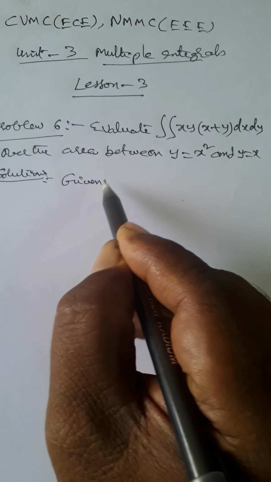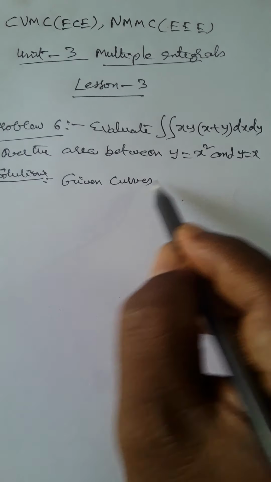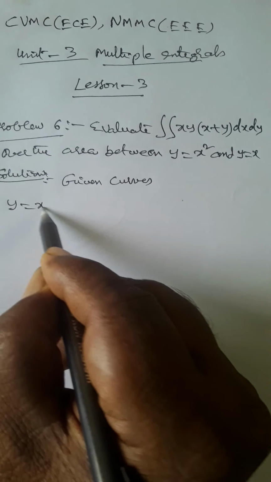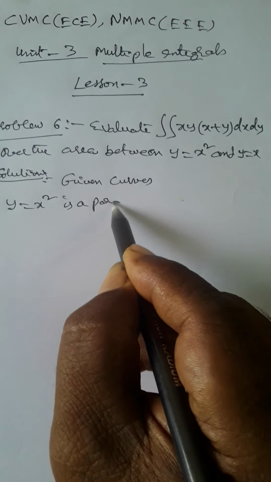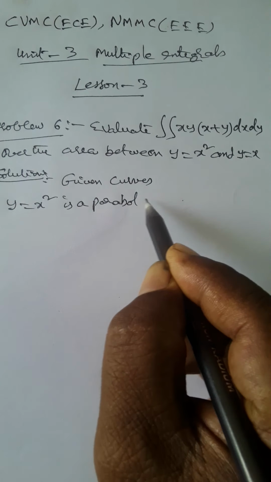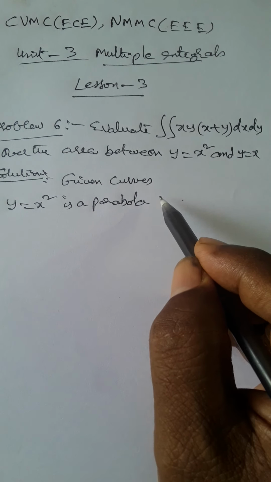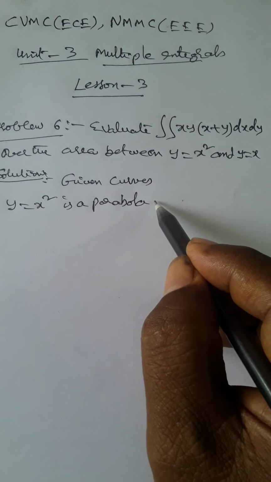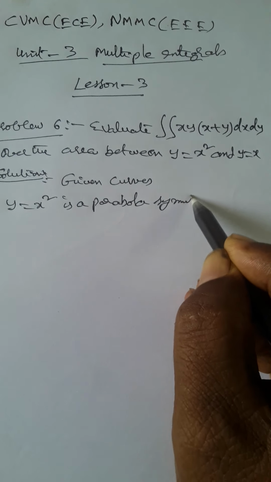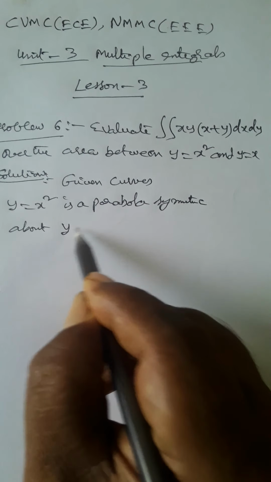Given curves: y is equal to x square is a parabola symmetric about y-axis.